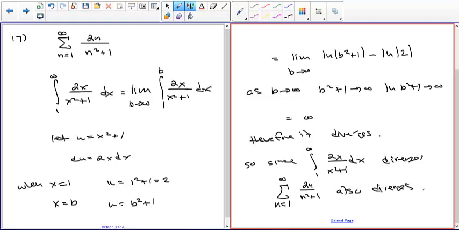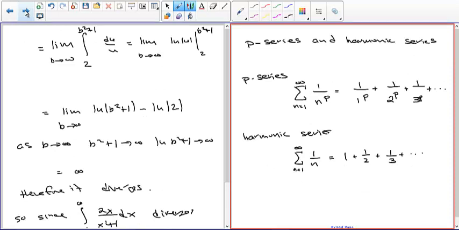Okay. So we've had an example of each case. The first one was where the integral converged, therefore the series converged. The second case, the integral diverged, so the series diverged.